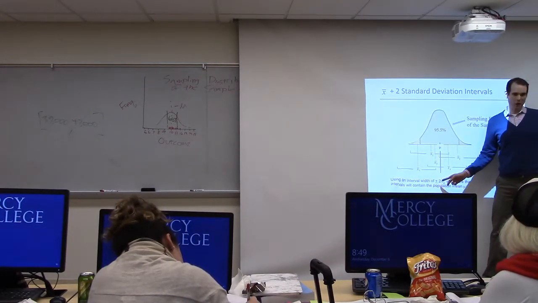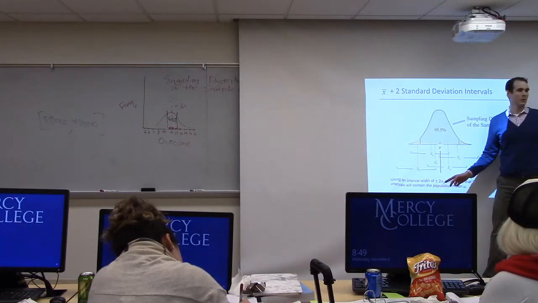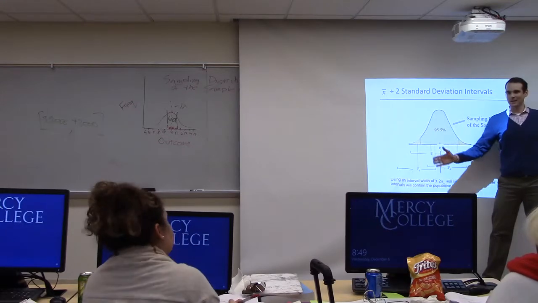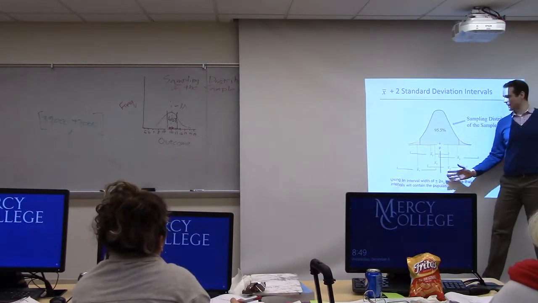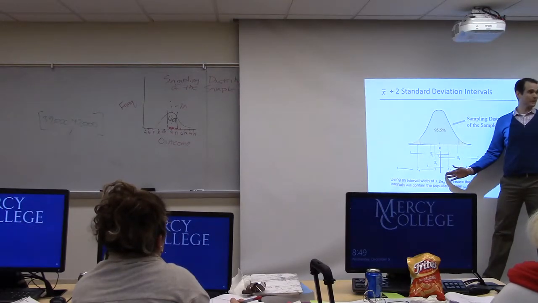What if we don't want to get it wrong 4.5% of the time? We go 3 standard deviations. Let's add 3 standard deviations plus or minus from our sample mean. This confidence interval would be bigger, and we probably wouldn't get it wrong.